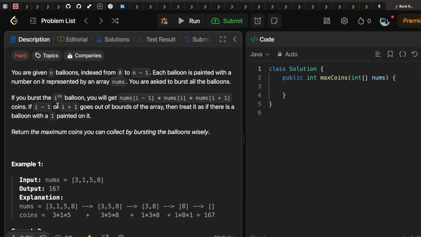If i minus 1 or i plus 1 goes out of bound of the array, then treat it as if there is a balloon with a 1 painted on it.